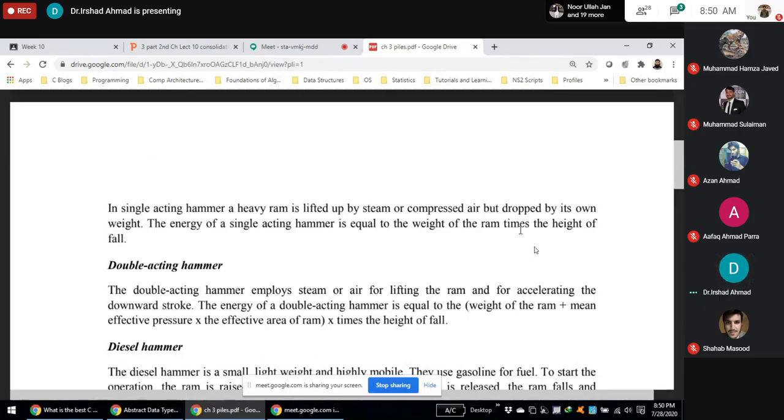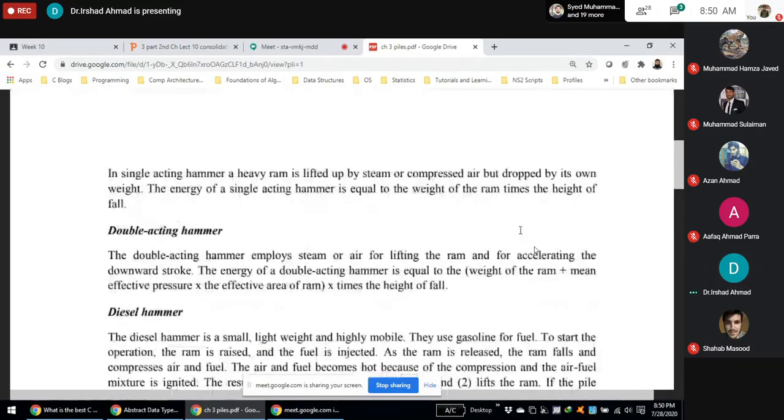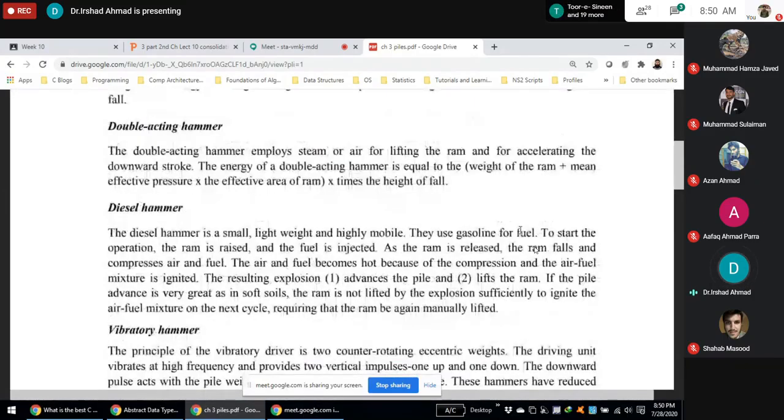Again here the energy input is the weight of the hammer times the height of fall. The advantage here though is that the hammer is lifted up by steam or compressed air. Double acting hammer has another advantage. In this, steam or air is used to lift the ram or hammer up, and then you use steam or air to drop the hammer. So it has much more energy because of this steam or air pressure, right?